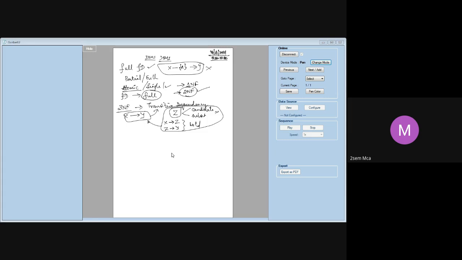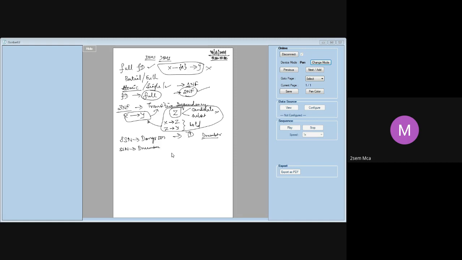I also gave you an example that SSN determines manager SSN is a transitive dependency. It is a transitive dependency through D number. Because SSN determines D number is a functional dependency. That is, given SSN, I can find out in which department the employee belongs to.